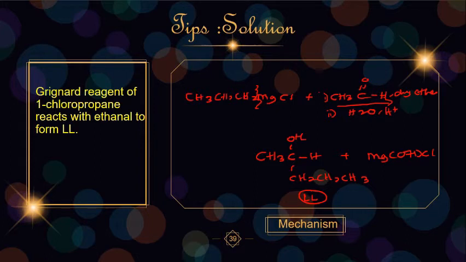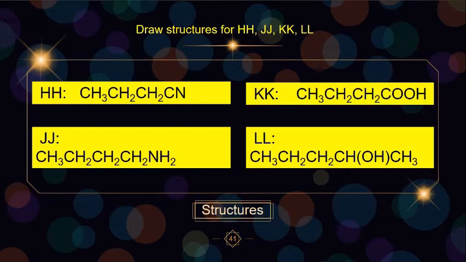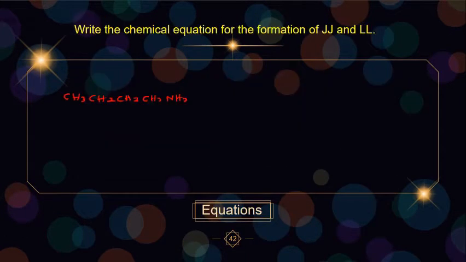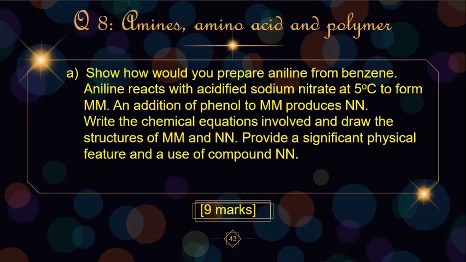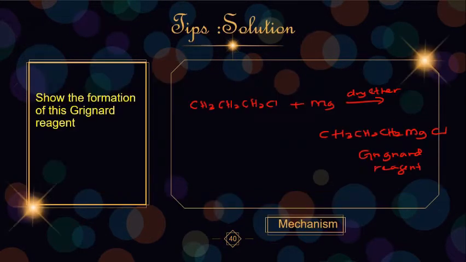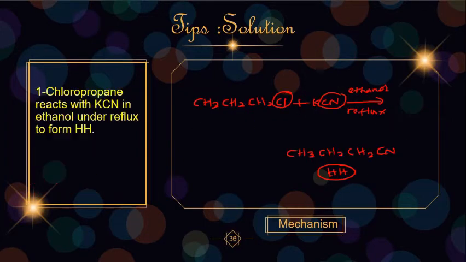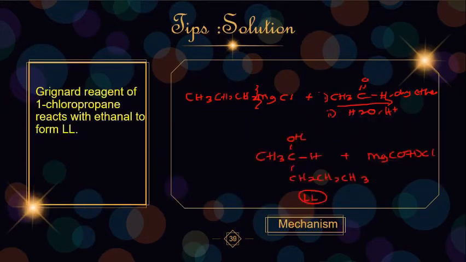So last one, you akan form LL. So sebenarnya kalau ikut equation kita dah lengkap, kita dah buat lengkap daripada equation sehingga dapat yang ni. Okay. Untuk keseluruhan JJ and LL. Okay, dan sebenarnya kalau ikutkan kita dah buat all the equation.